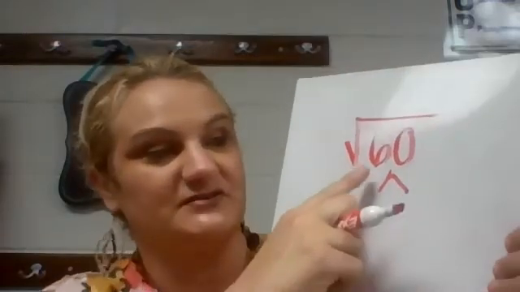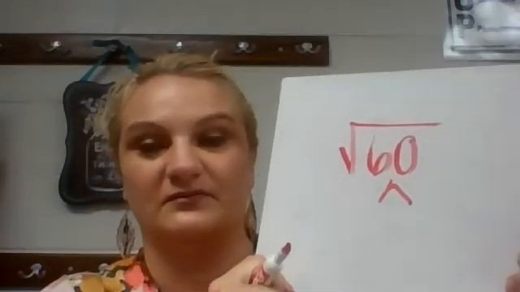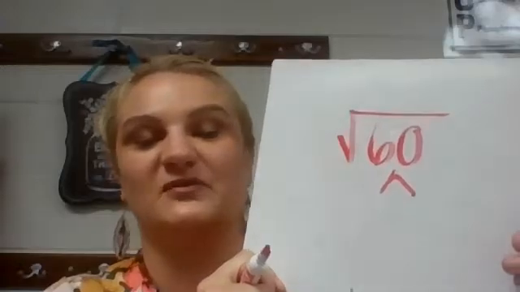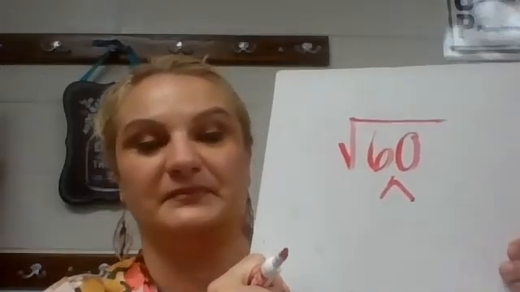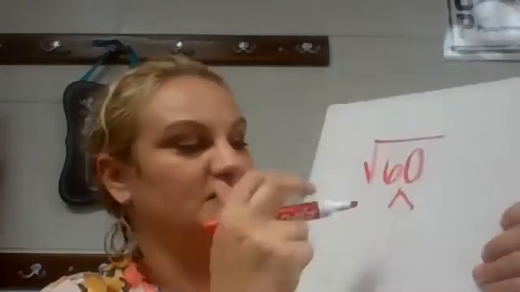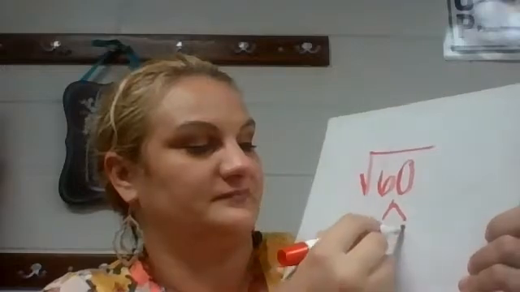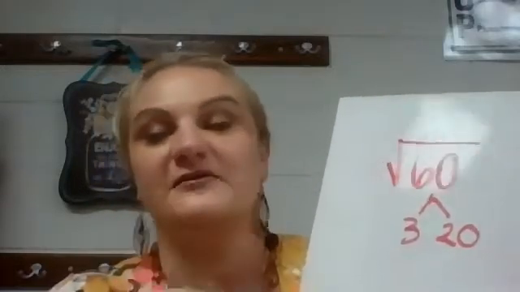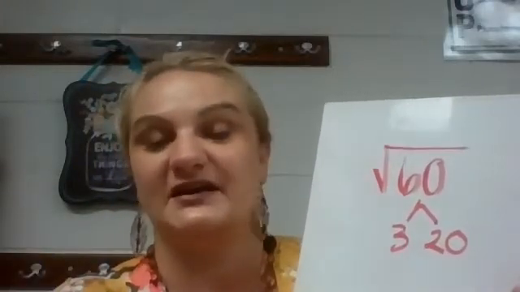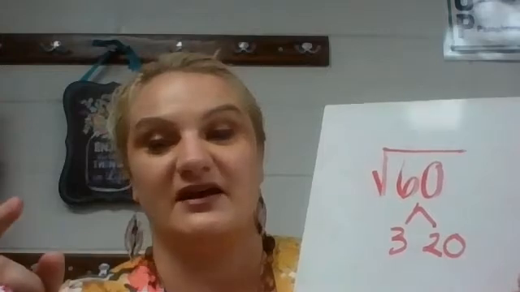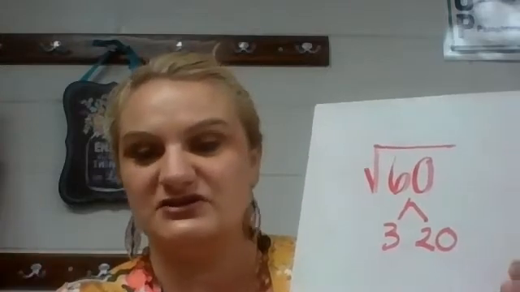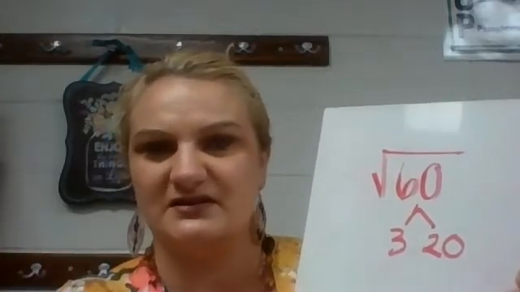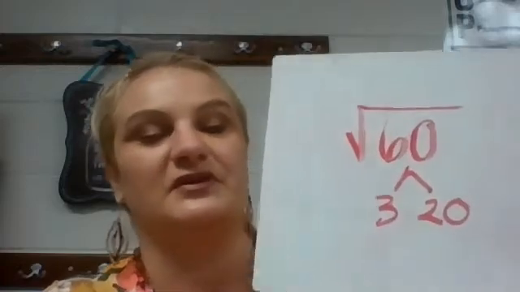Can we factor 60? Yes. Give me any two numbers. Doesn't matter what they are. 3 times 20. If I were to pick 6 times 10, I would get the same answer.